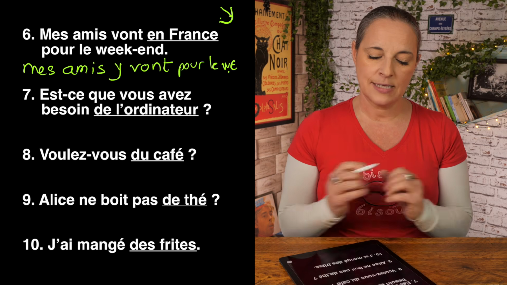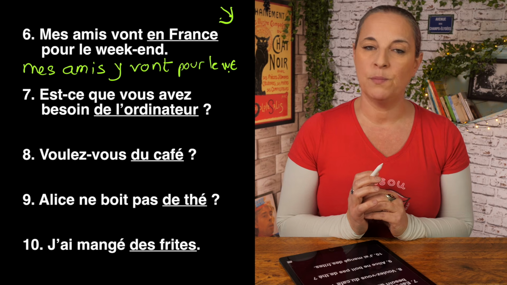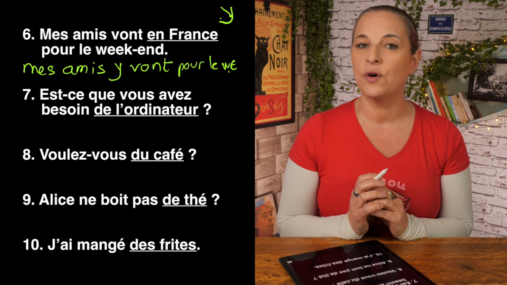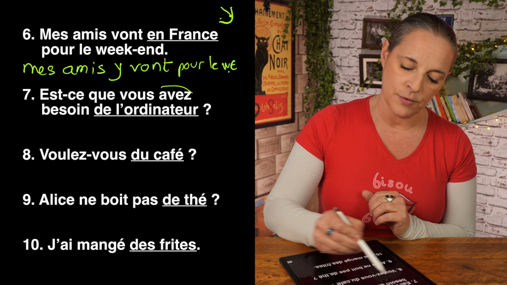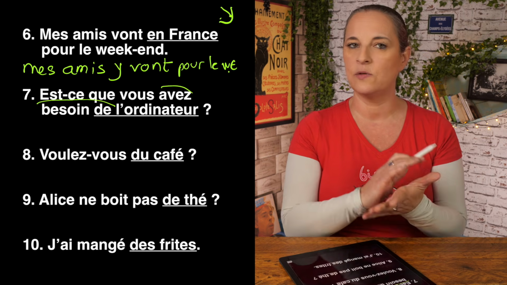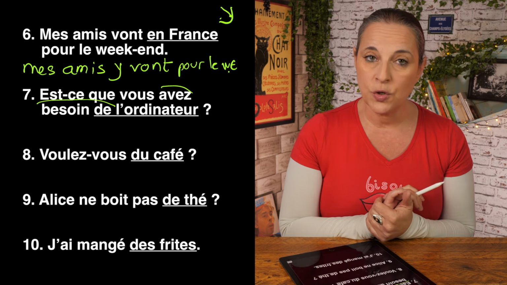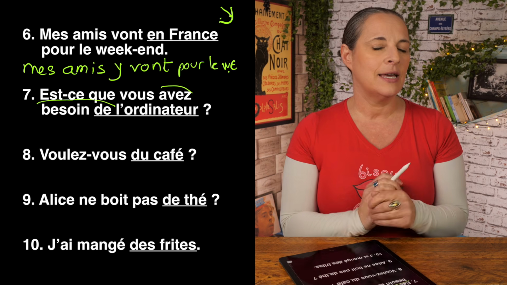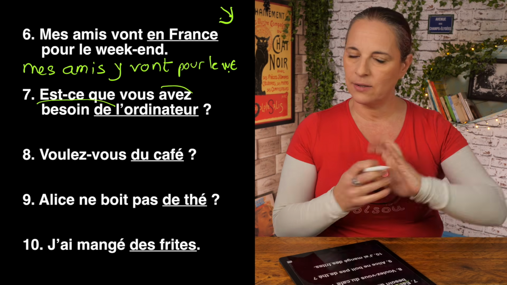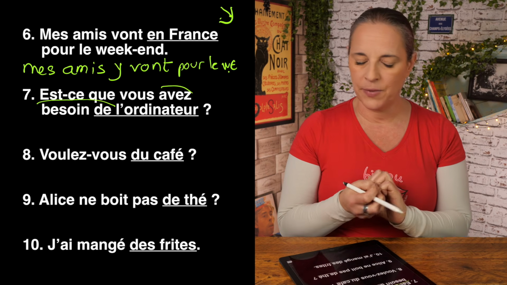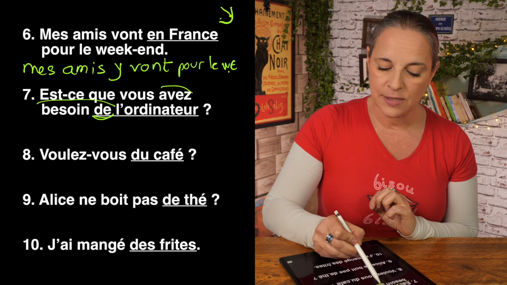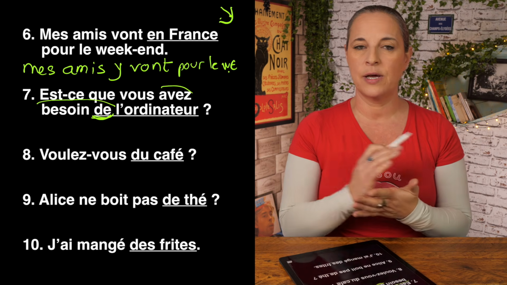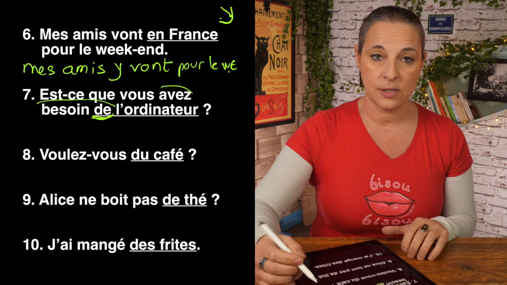Okay? Next one. Est-ce que vous avez besoin de l'ordinateur? Now, avoir besoin de is an expression which means to need. Do you need the computer? Now, here, it's an object. It's not going somewhere. It's a quantity. And it begins with de. It comes with besoin de. So, it is not going to be y.